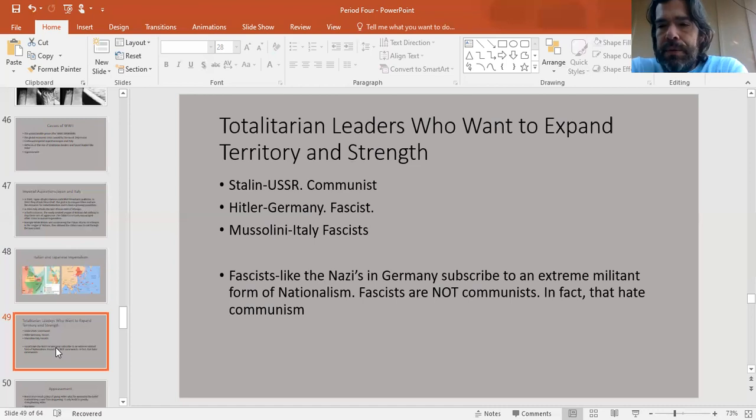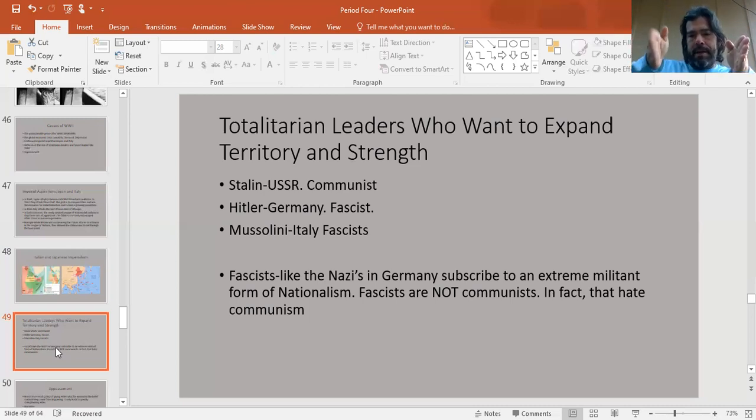I want you to know for the time being that fascists and communists do not get along. If you were to draw a line, this is the left. This is liberals, the modern-day Democratic Party. The extreme left is communism.